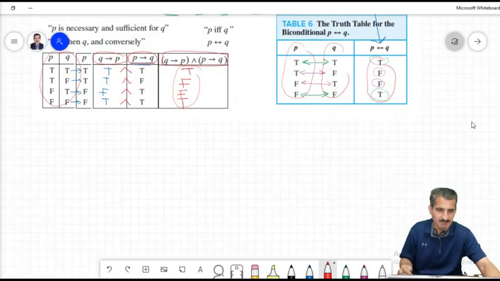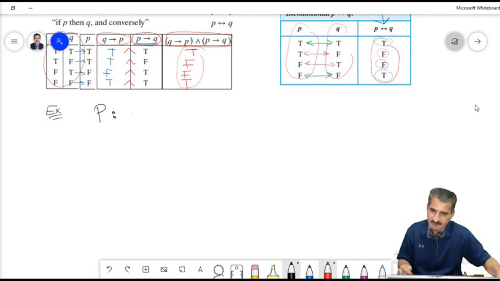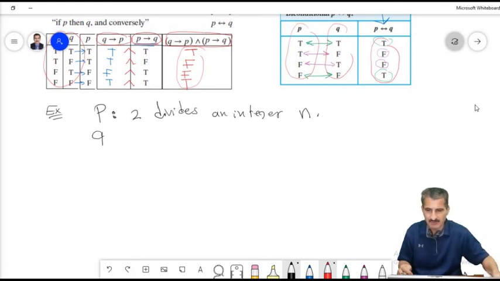And an example of the biconditional statement, let's make the following example. Let the statement P be 2 divides an integer n, Q: n is an even integer.